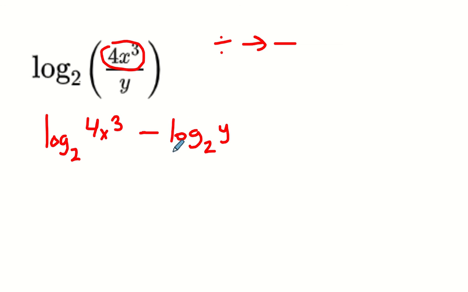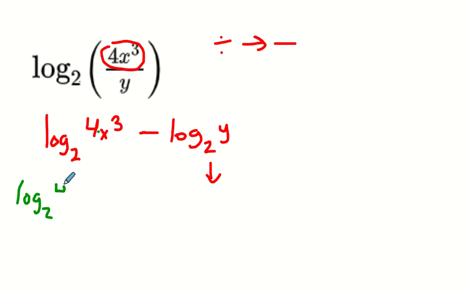Now this is done with, so we'll just be bringing this down from here on out. But with this one, we have multiplication. Now again, some people would be tempted to bring that 3 up front. We can't do that because the 3 only applies to the x. It would have to apply to everything to come up to the front. But multiplication now becomes addition. So now we're going to have log base 2 of 4.